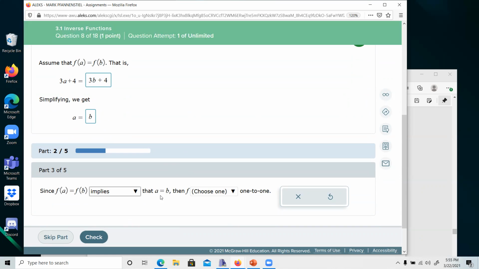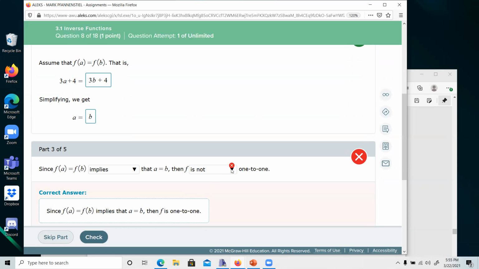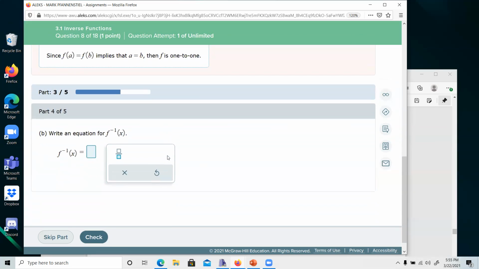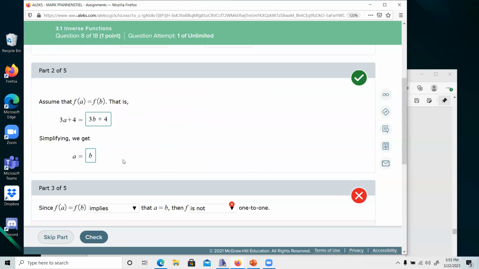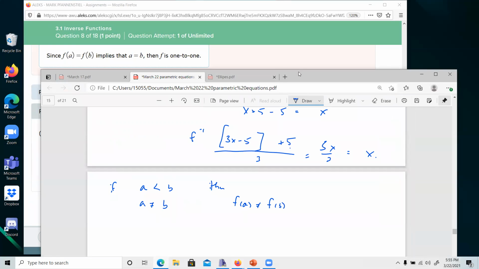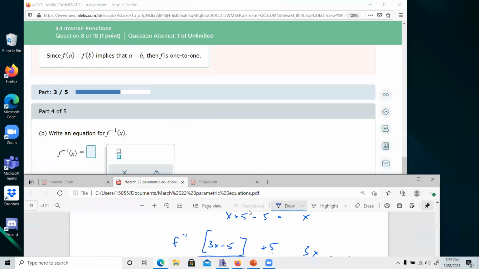Then f is one-to-one, because the only way that could happen is if they're the same. Like I said, it's kind of an odd way of saying it, but there we go.